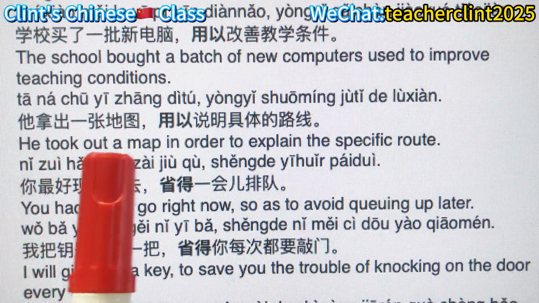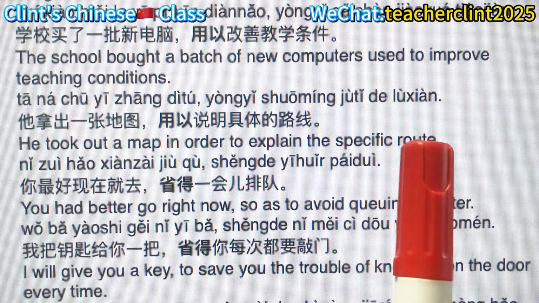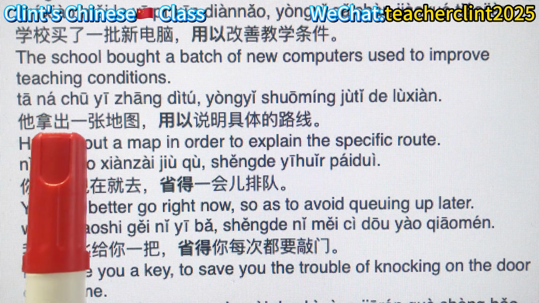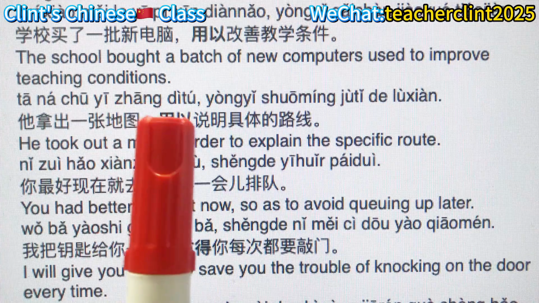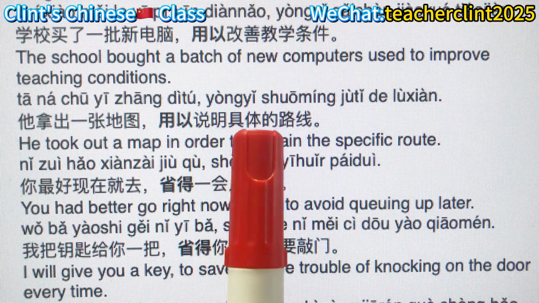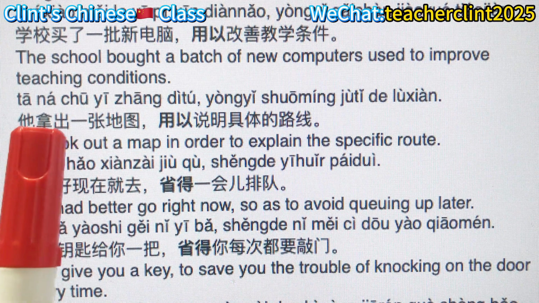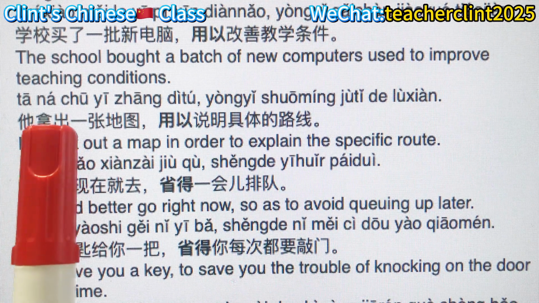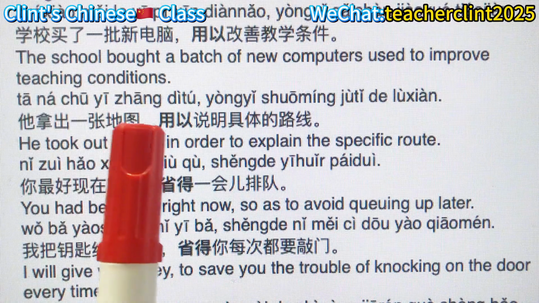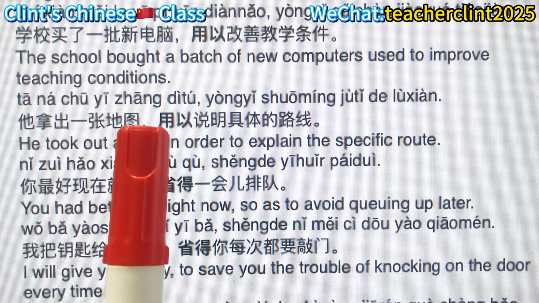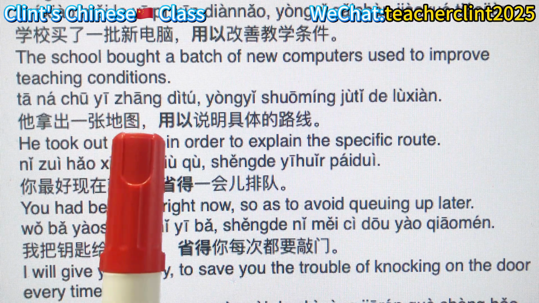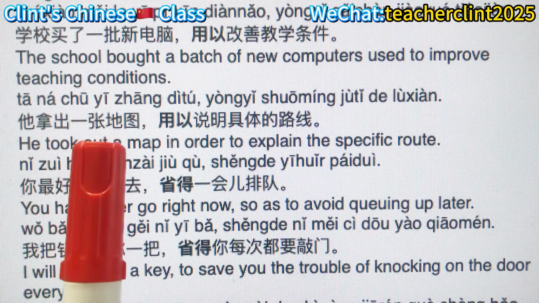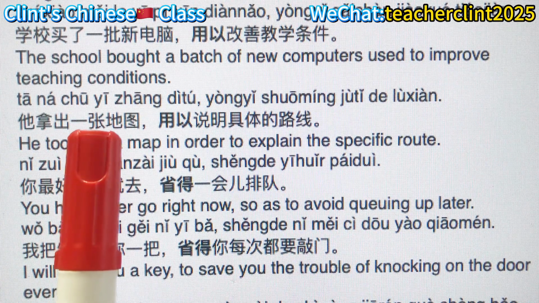And next one, he took out a map in order to explain the specific route. 他拿出一张地图，用以说明具体的路线。So 他 he subject, 拿出 take out, 一张地图, 张 is a measure word for map. So 一张地图 the noun phrase, subject verb and the object.